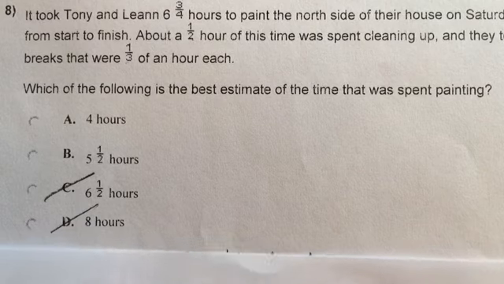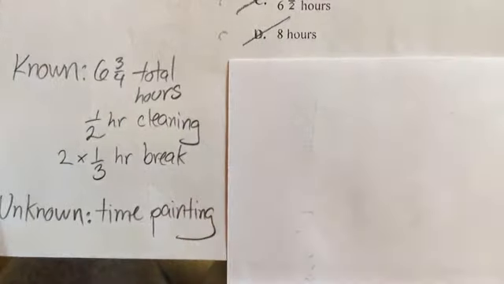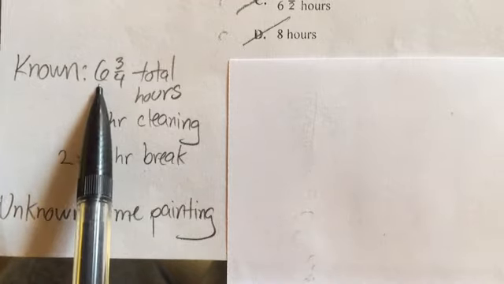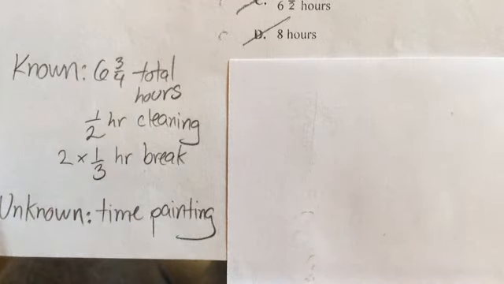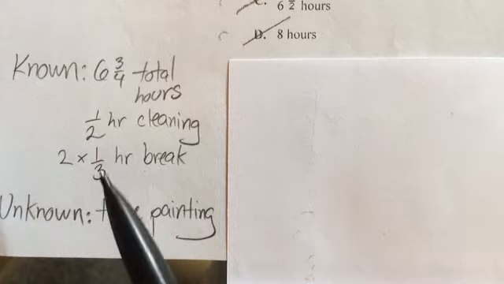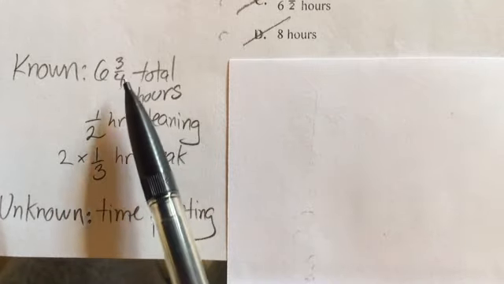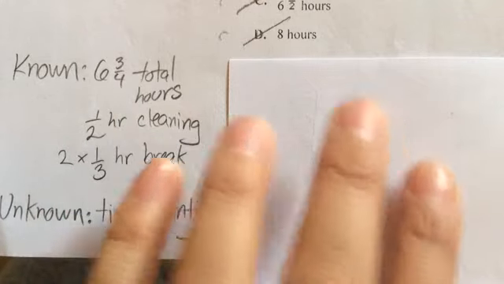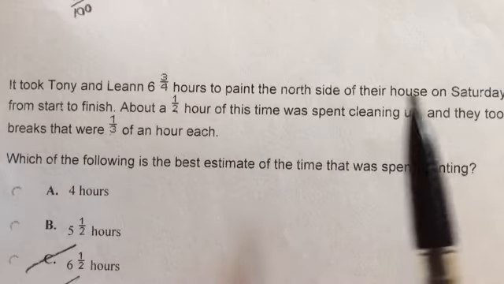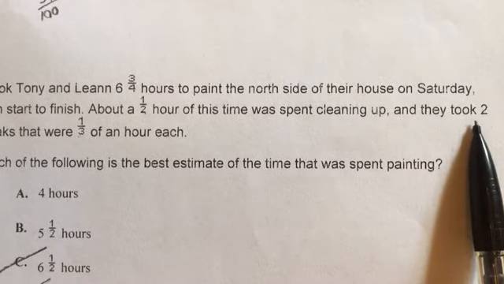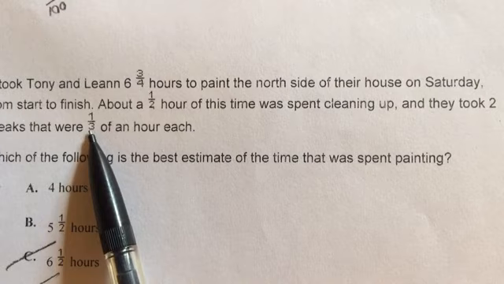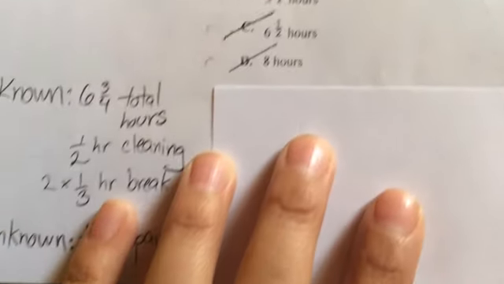Let's look at our known and our unknown to begin. Known. I know that there are 6 3/4 total hours spent. Half an hour is spent cleaning, and it says they took 2 breaks that were 1/3 of an hour each.